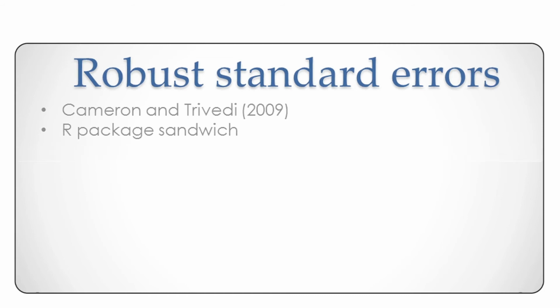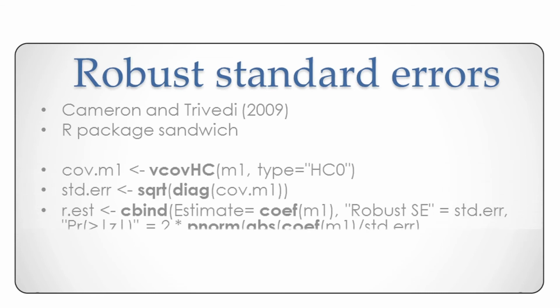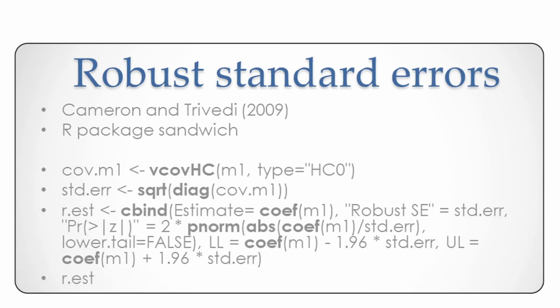So here we have defined an R object cov.m1 and used the vcovHC function on m1 with type equal to HC0. We find the standard error from the cov.m1 object and create a table using the cbind command, r.est.